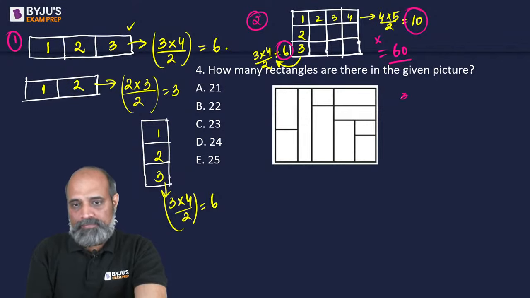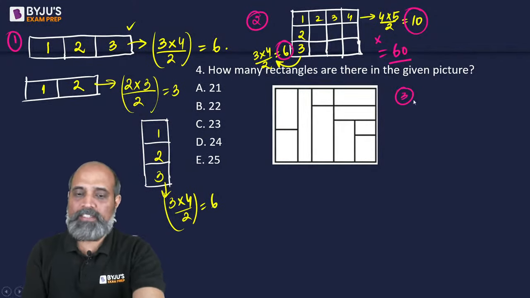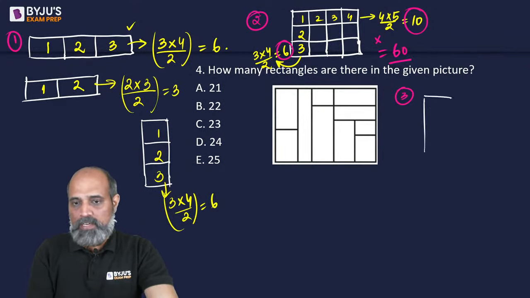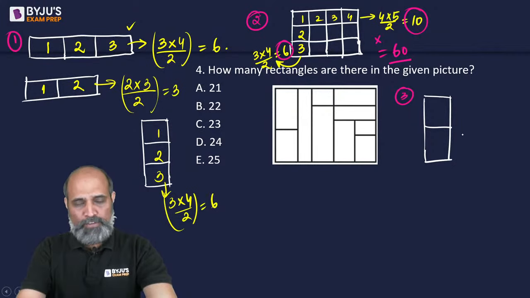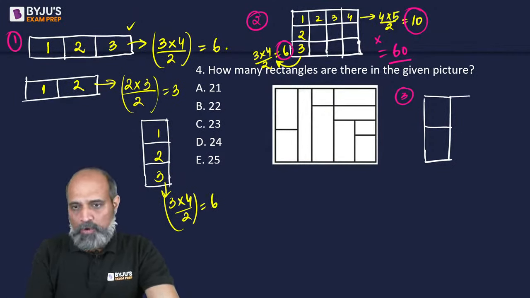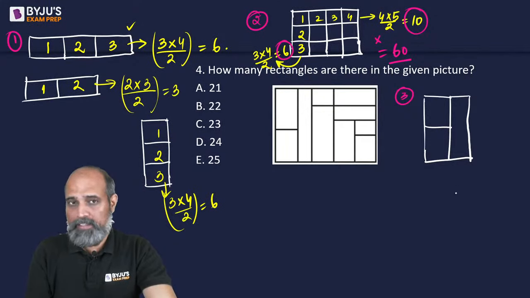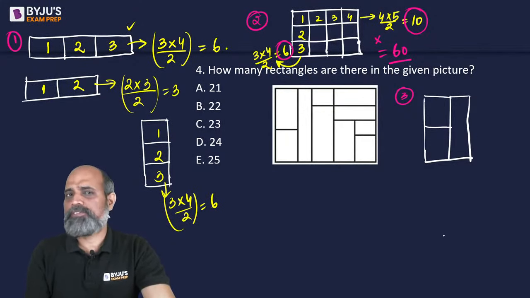Third, something like the figure we see in this question. Suppose if we have a rectangle like this, a shape like this, we know that there are 3 rectangles here. Now the moment I draw one more, which is not symmetrical, as in बीच में line नहीं है इस rectangle के, how many rectangles do we have here?